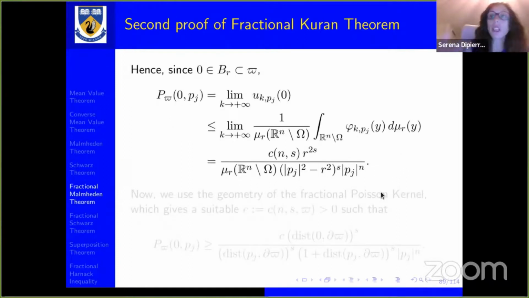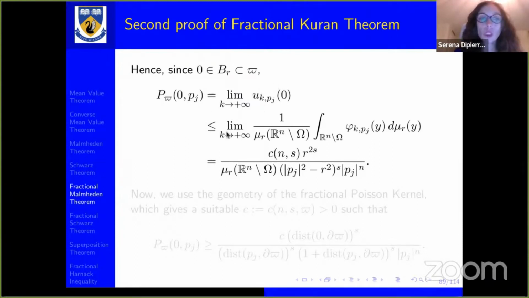Okay, and now I'm very close because, as I said, UKPJ at 0 converges in K because the var phi in K, as K goes to plus infinity, converges to the Dirac delta. This object here is converging to the Poisson kernel of the set var P centered at Pj.